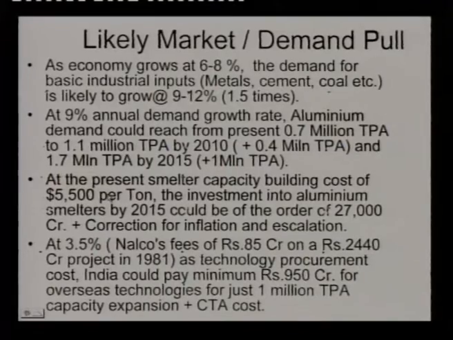Then we have the smelter capacity of some kind. We might have bigger smelters, and we do not design our own smelters. We import designs from abroad, get consultants from abroad. We do not have engineers and metallurgists doing the job for us.